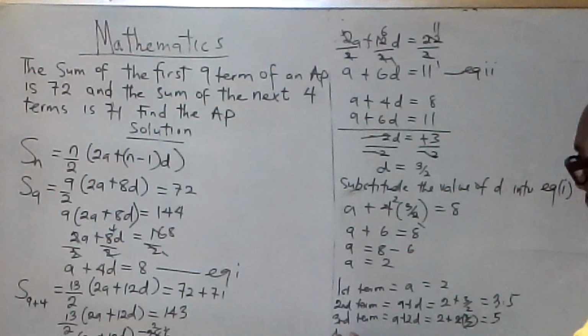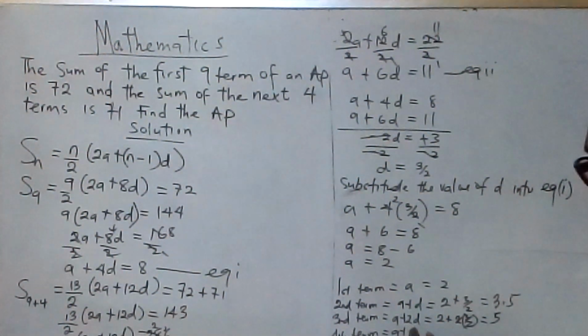The fourth term will be a plus 3d, which is 2 plus 3 into 3 over 2. 3 times 3 is 9, and 9 over 2 is 4.5. So 4.5 plus 2 will give me 6.5.